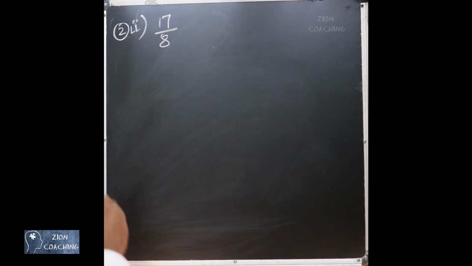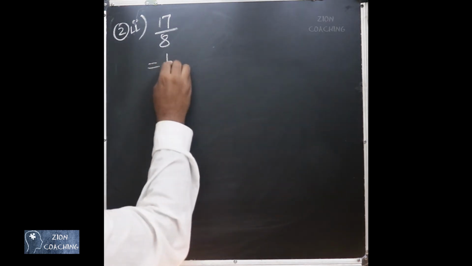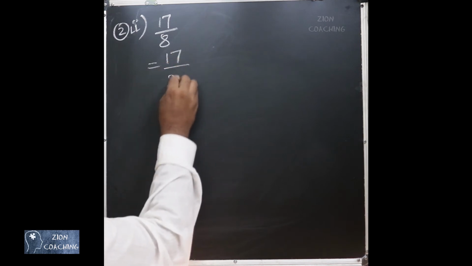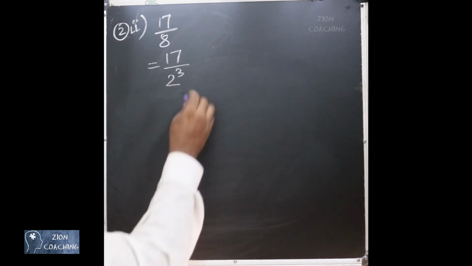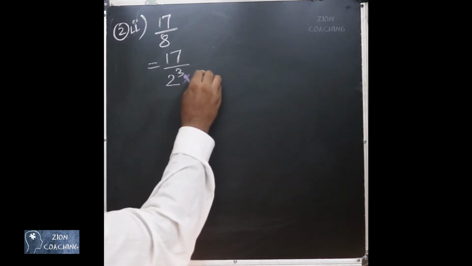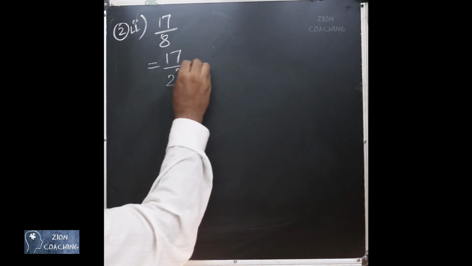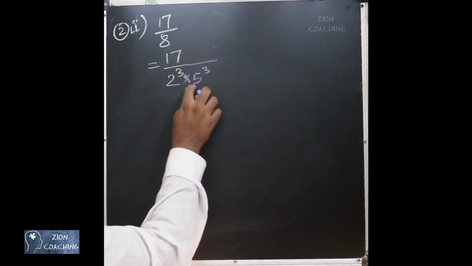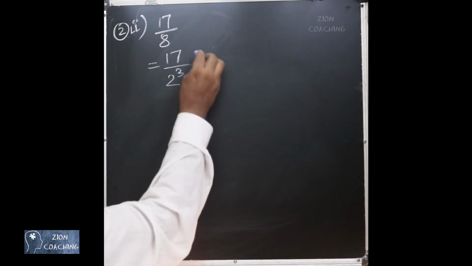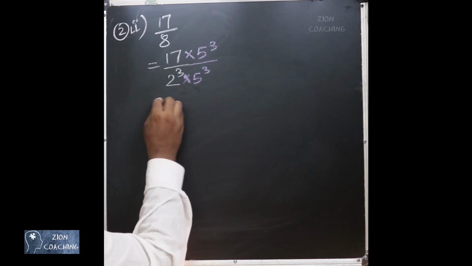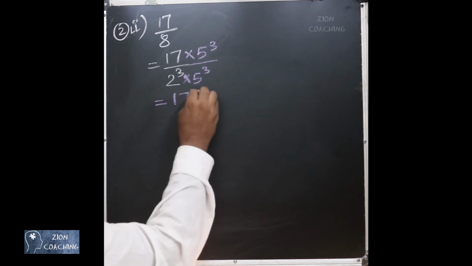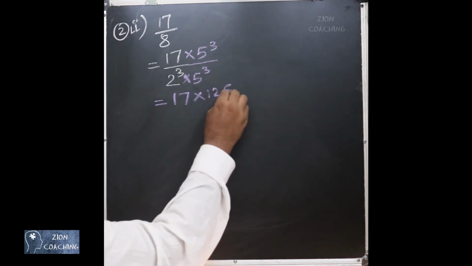We have already shown that the next one has a terminating decimal expansion, and that it is 17 by 2 cube. Now to have powers of 10 in the denominator, you have to multiply 2 cube by 5 cube, so that you will have 10 cube. Since you are multiplying the denominator by 5 cube, you multiply the numerator also by 5 cube. So we have 17 into 125 by 10 cube.